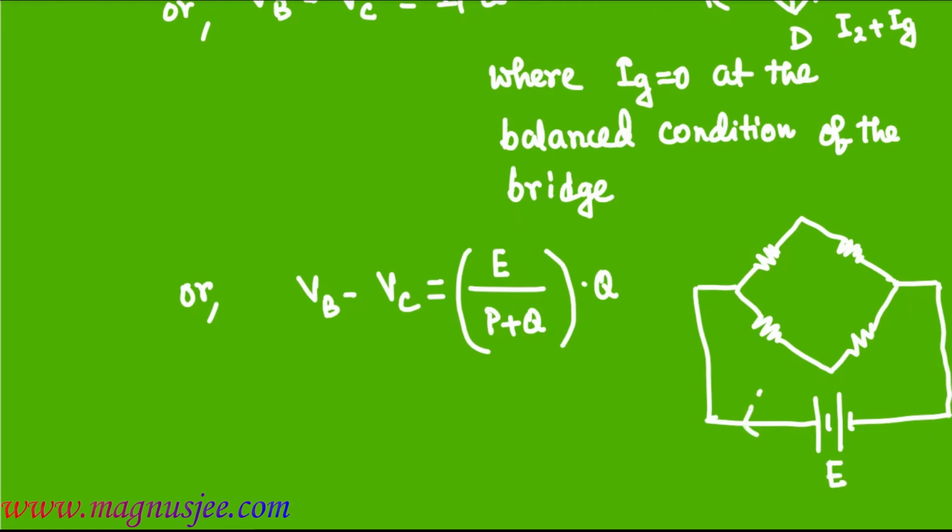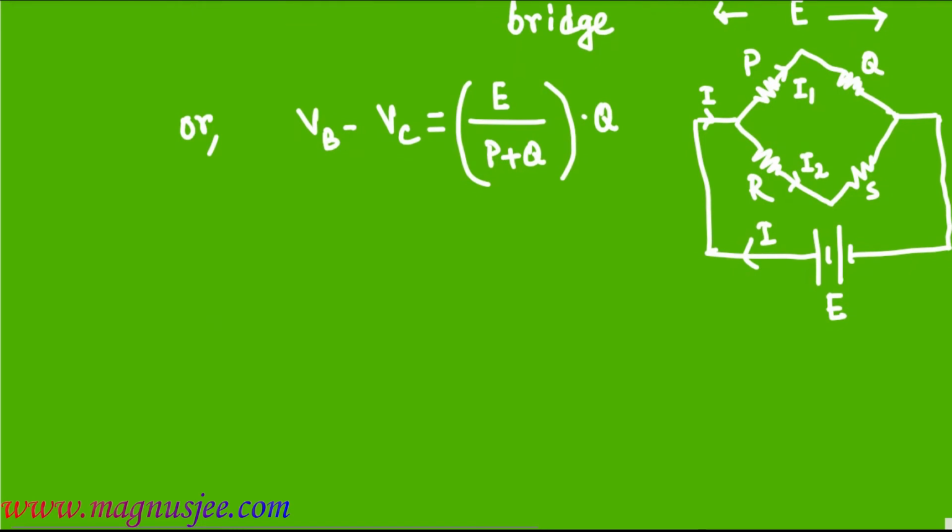E is the EMF and I is the total current again, and potential difference between the two ends of the quadrilateral is again E. These are the four resistances P, Q, R, X. Current flowing through the branch containing P and Q is I1, and current flowing through the branch containing R and X is I2. It should be X, not S.